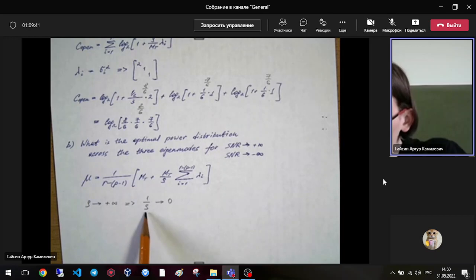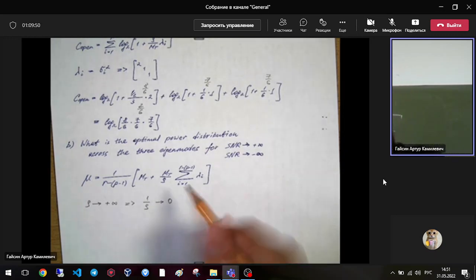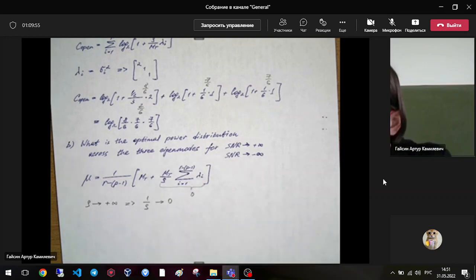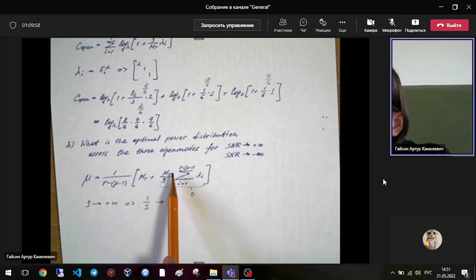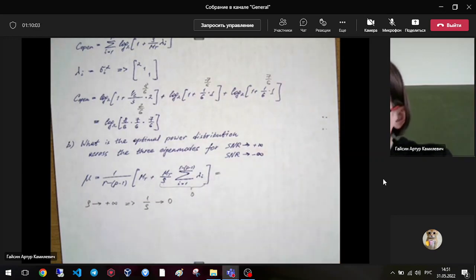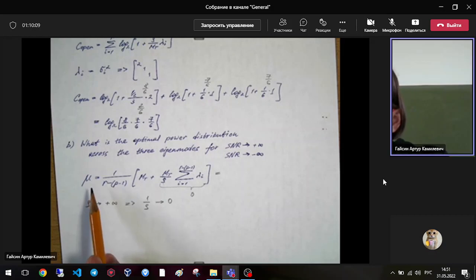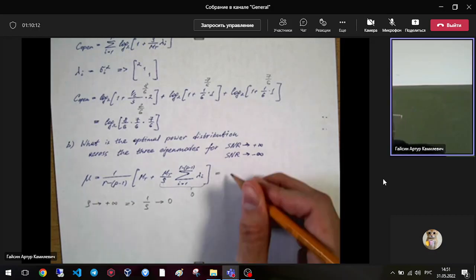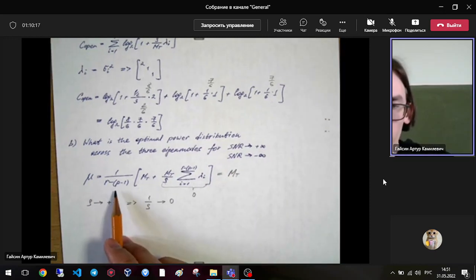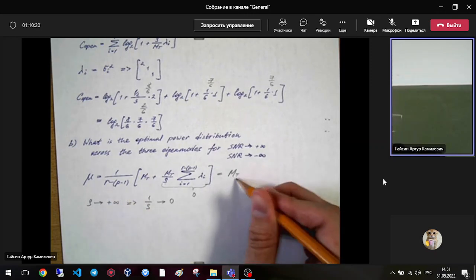Because rho goes to infinity, 1 divided by infinity is just 0. And in this case, we can say that this part is equal to 0. And in this case, our power allocation is just the same. If, for example, we assume P equal to 1, it is not the same, but divided by R.